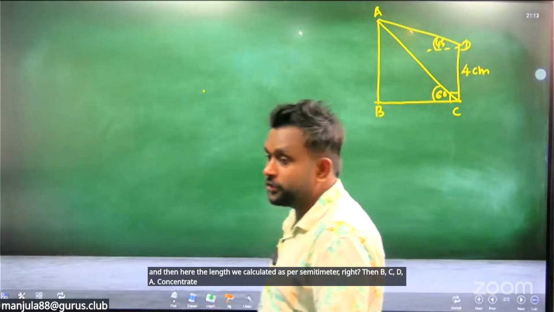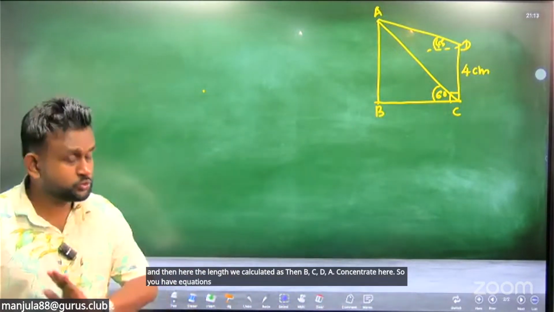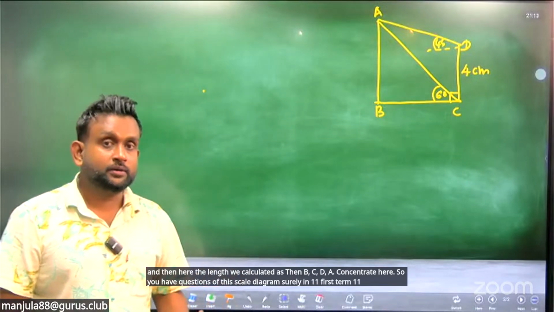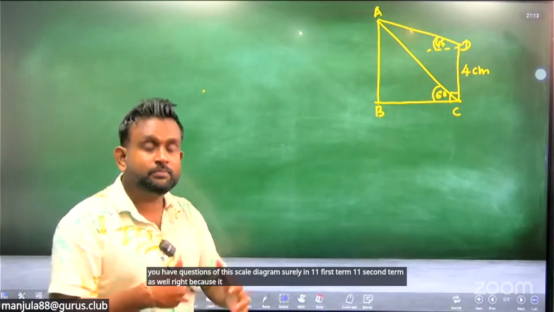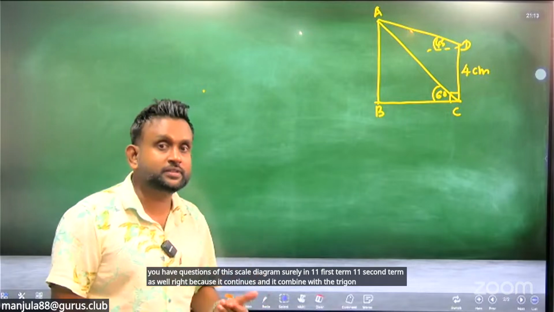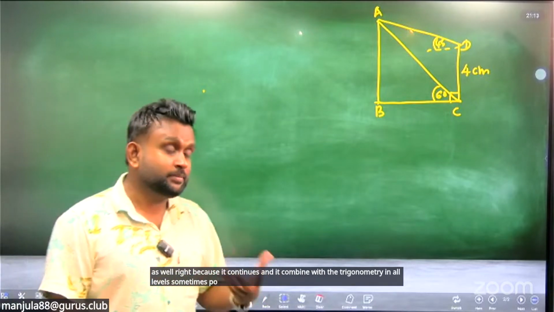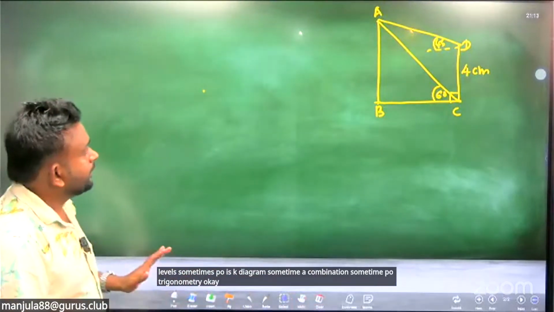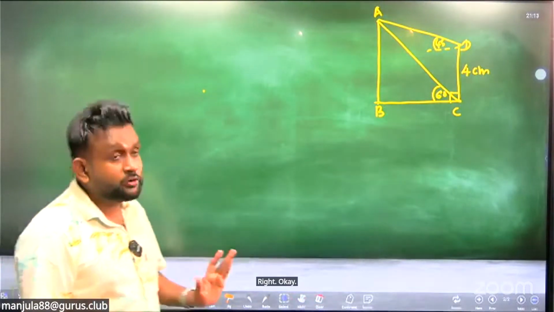You will surely have questions on this scale diagram in Grade 11, first term and second term as well, because it continues and is combined with trigonometry in all levels. Sometimes it is only a scale diagram, sometimes a combination, sometimes only trigonometry. Now check where you start.